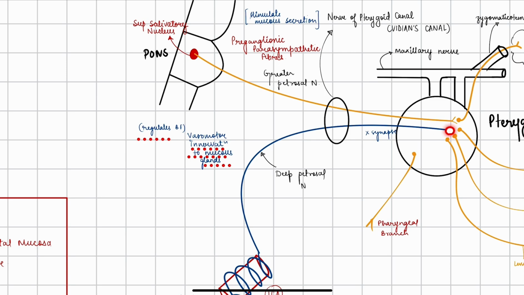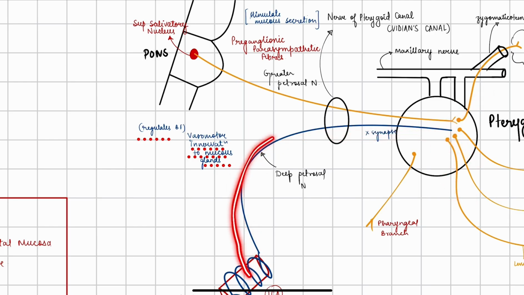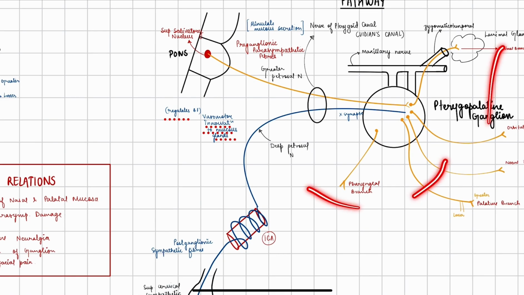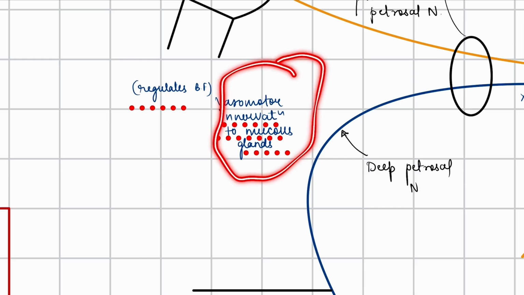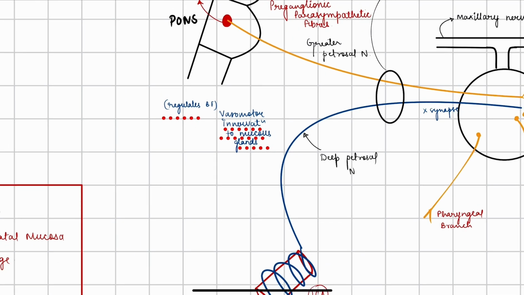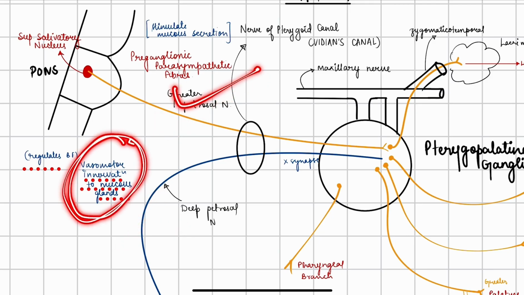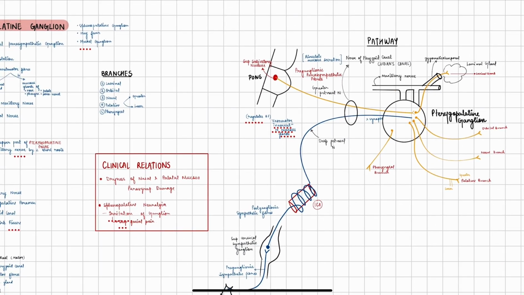But since no synapse is formed here, how does it supply? Because the only function this sympathetic supply has for all these branches is vasomotor innervation to the mucous glands. Vasomotor means that it regulates the blood flow. Through vasomotor innervation, it supplies every gland, every branch. The parasympathetic fibers' job is to stimulate mucus secretion, which is not the sympathetic fibers' job. The sympathetic supply only regulates blood flow to the mucous glands.